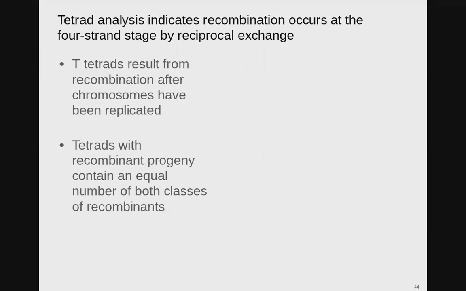As we discussed previously when we talked briefly about tetrad analysis, tetrads result from recombination after the chromosomes themselves are physically replicated. We have duplication, so we have A, B. I don't know if you guys can see the letters on the slides.